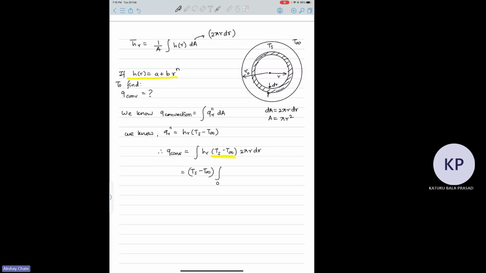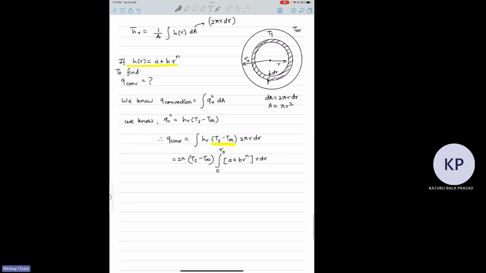You will have 0 to R naught, because we have to consider the whole plate. h(r) is A plus B R power n into 2 pi R dr. So 2 pi also is constant, so we'll take that out also.